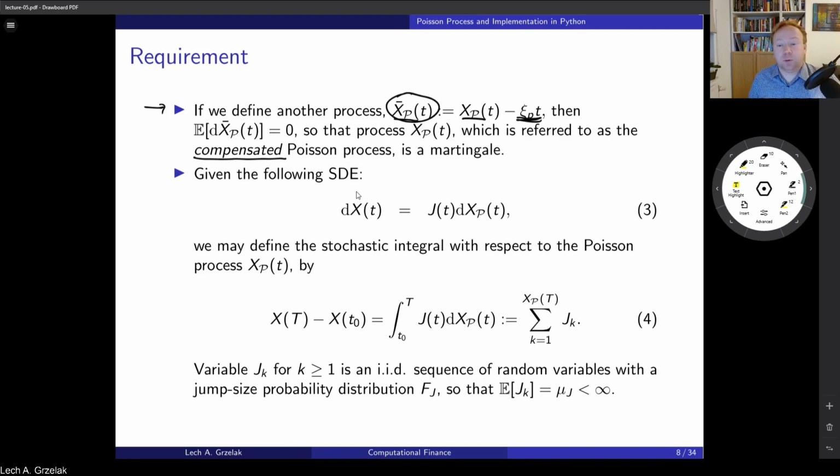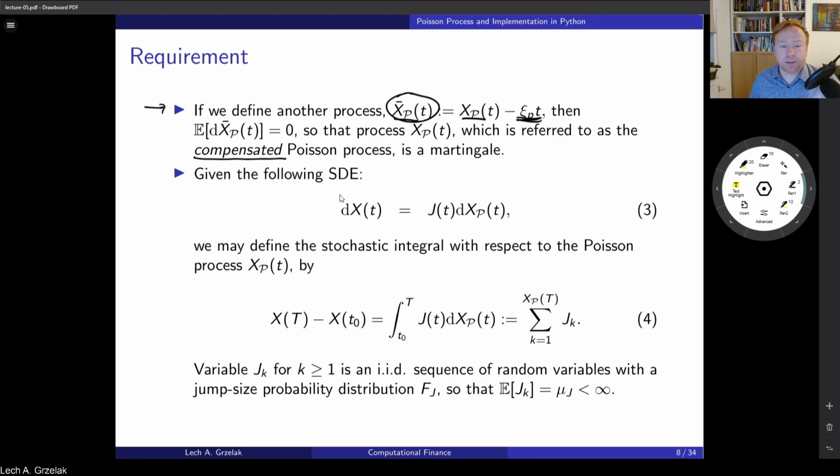On the other hand, if you consider a stochastic differential equation, we have dX(t) equal to J(t), the intensity, the magnitude of a jump, times dXp(t).